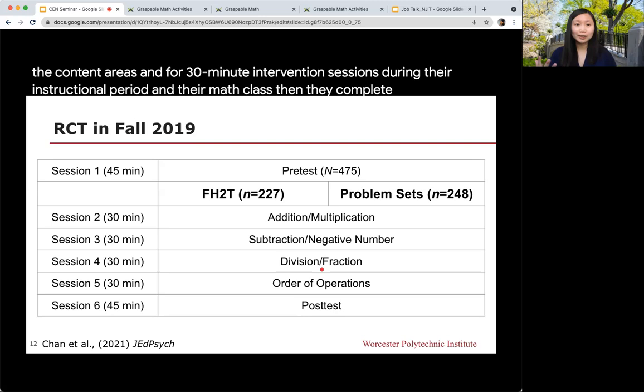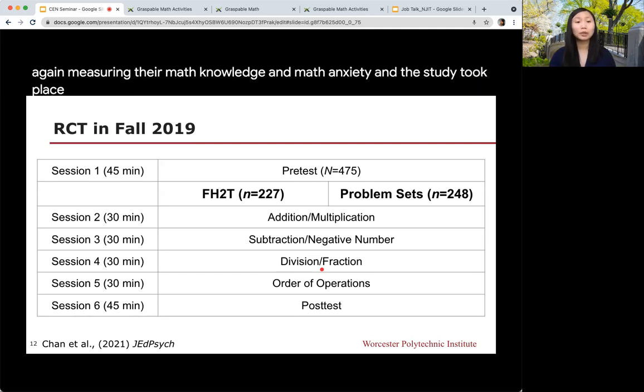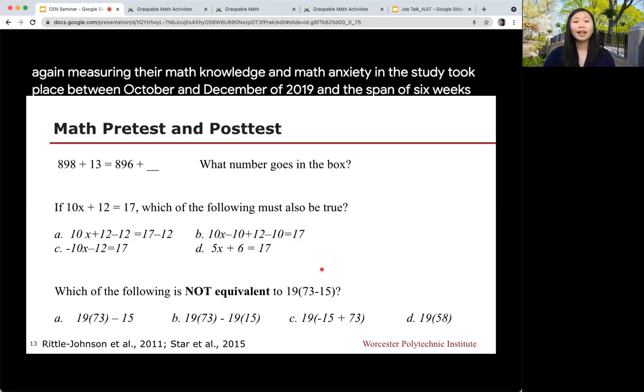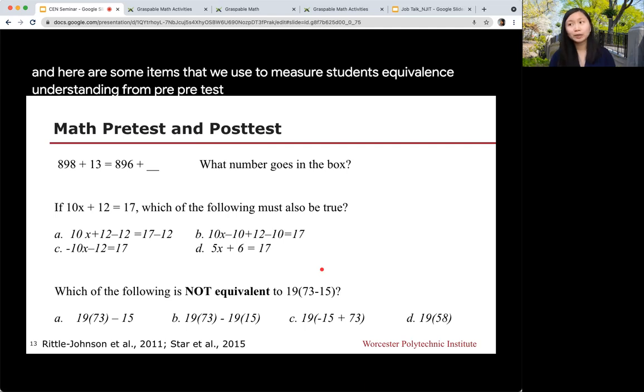Then they completed a post-test, again measuring their math knowledge and math anxiety. And the study took place between October and December of 2019 in a span of 6 weeks. And here are some items that we used to measure students' equivalence understanding from pre-test and post-test.